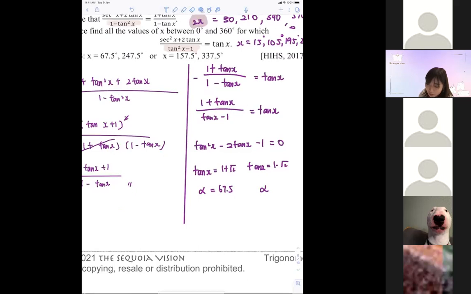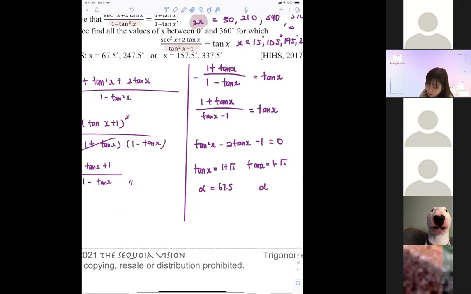So what you can do is, because this is negative, you can't put negative value in your basic angle. You put this in your basic angle instead. So tangent inverse square root 2 minus 1. Okay, you get 22.5.